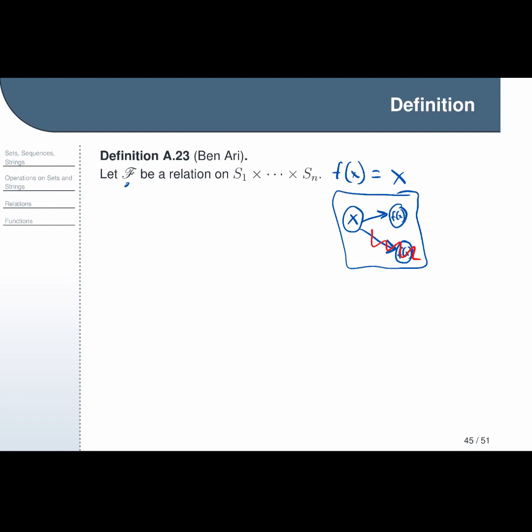So that I think is pretty straightforward, but one thing we need is a way of distinguishing between input and output, because remember, with relations there is no such distinction. We have just a lot of things that are connected to each other, and we end up with some tuple S1, S2, S3, right? It's not clear which of these is the input and which one is the output, so we need to figure that out.